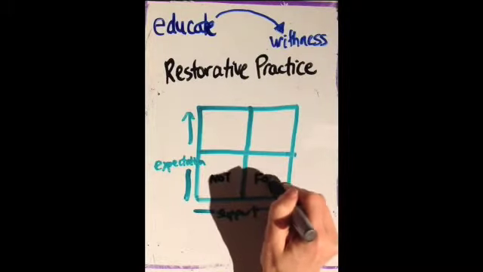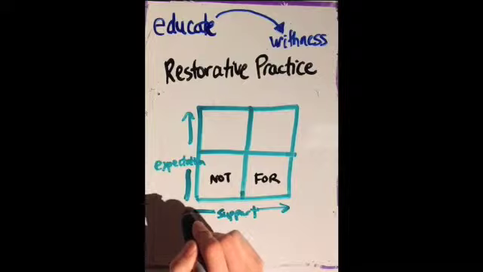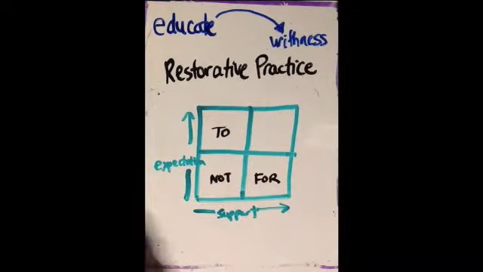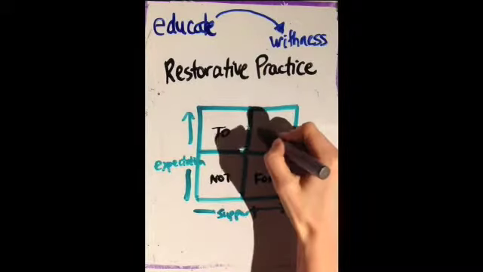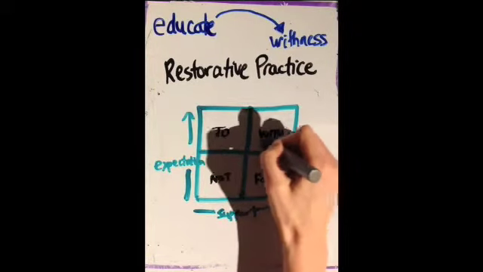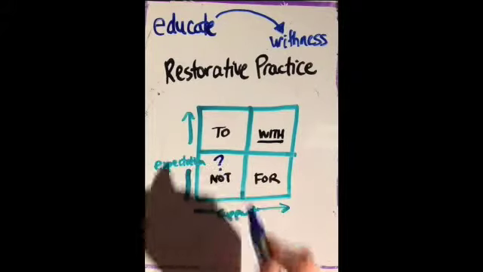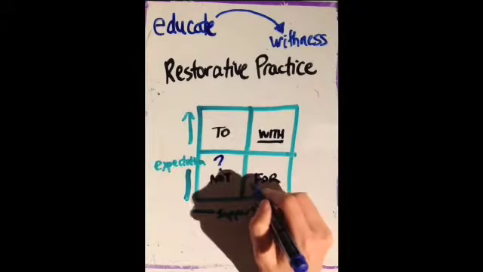In high support, low expectation, this is often where teachers do learning for students, perhaps without the balance of support and expectation. In high expectation, low support, we think of teachers as teaching to students without providing the support they need to be successful. And in high expectation, high support, that's where we find withness.